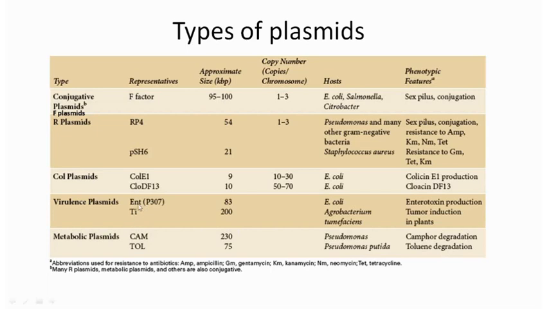So this Ti plasmid, tumor-inducing plasmid, resides in Agrobacterium tumefaciens, a soil bacterium which can infect dicot plants, and they cause tumor formation, as we said. The Ent plasmids are 83 kilobase pair plasmids present in E. coli. They cause enterotoxin production. There are many pathogenic bacteria that possess these virulence plasmids.